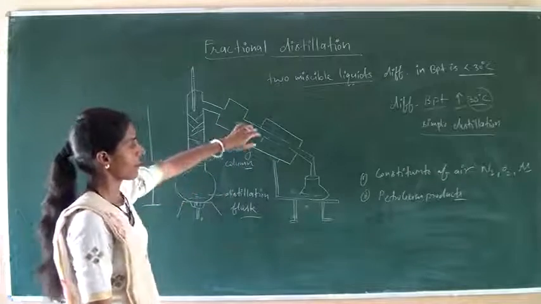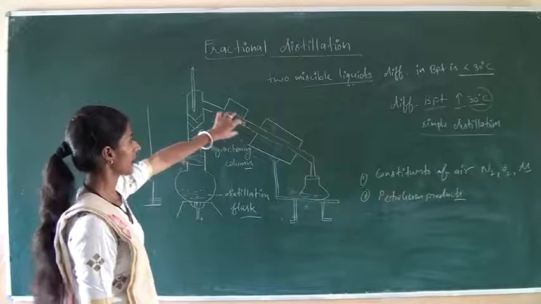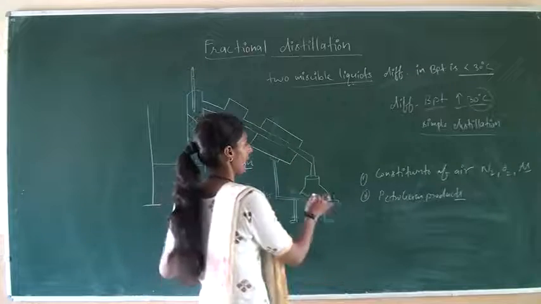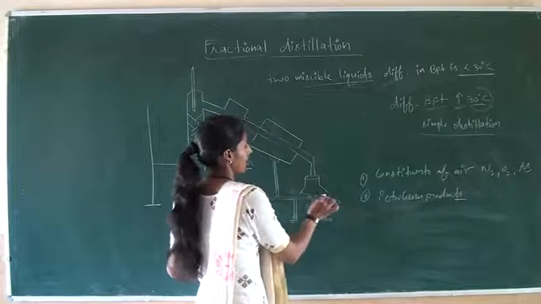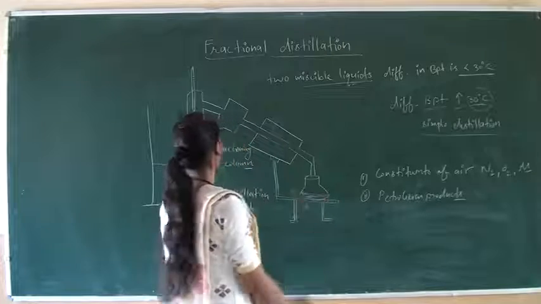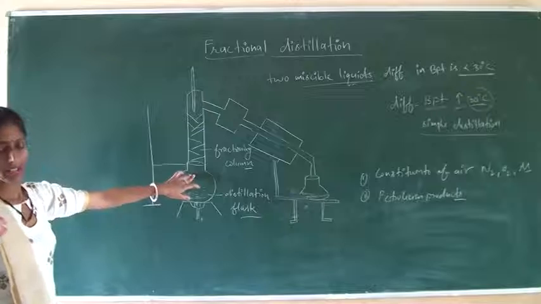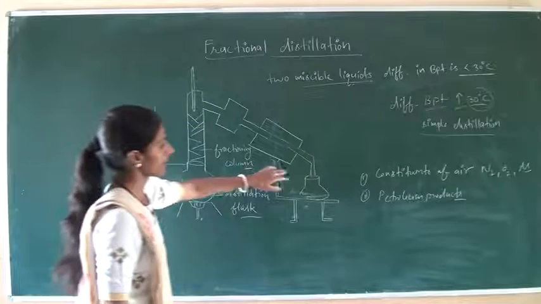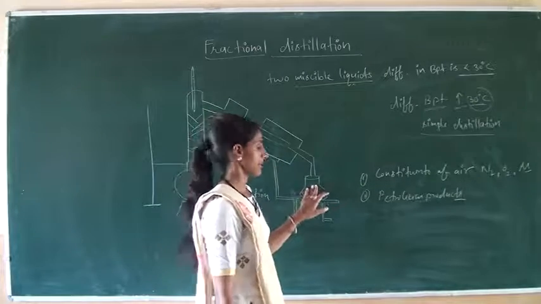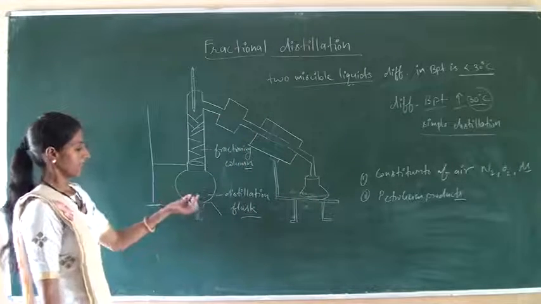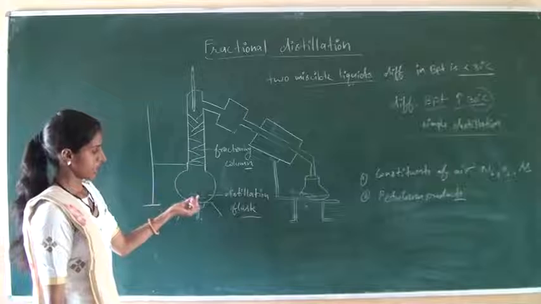This is our condenser tube which condenses the vapors, and this is our receiver. We get the vapors of the liquid which boils in the distillation flask. After that, the remaining content remains in the distillation flask.